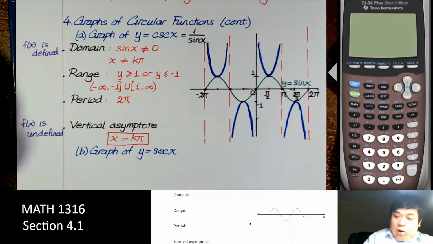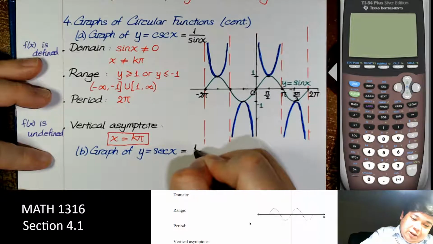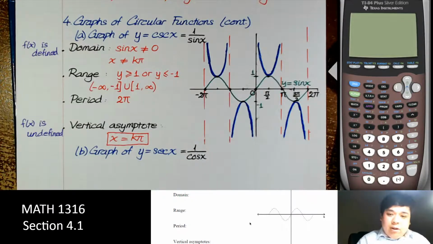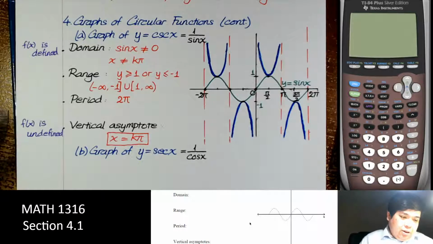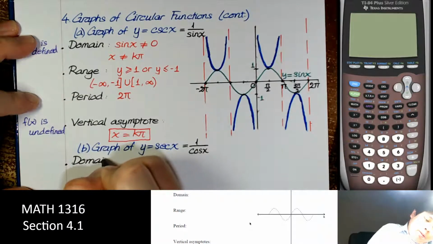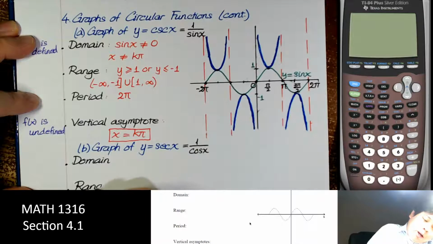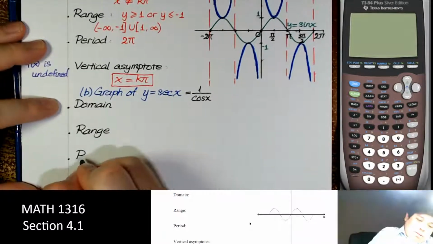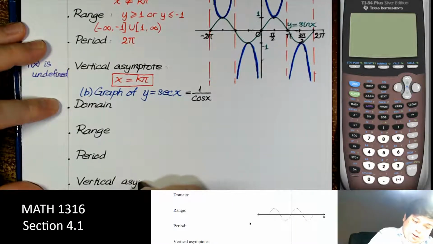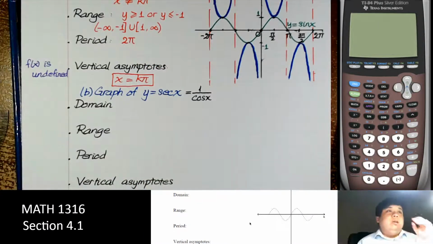Because secant is 1 over cosine. Right. Domain, range, period, vertical asymptote, and then a bunch of vertical asymptotes.